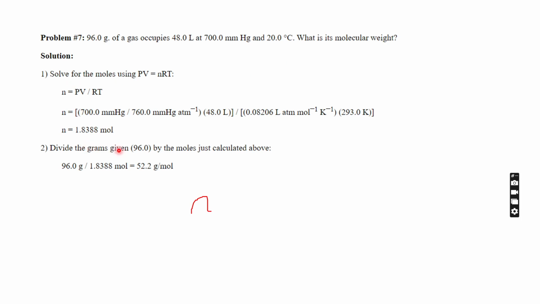Dividing the given weight by the number of moles, we will get the molar mass. So this is also a very easy problem. If you do the ideal gas equation very clearly, then you can easily find the answer for this.